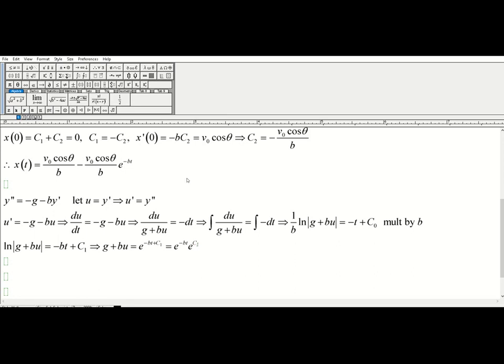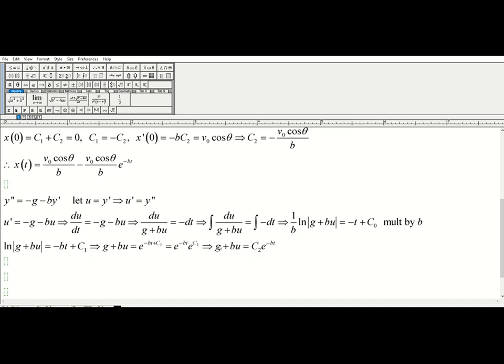But E is a constant, C is a constant. When I raise a constant to a constant, it's a constant. So we're going to rewrite this as equal to, and we're going to name this thing C2, my new constant, and then E to the negative BT. I can't do that with that, right? Because it's got a time variable in it. It changes.